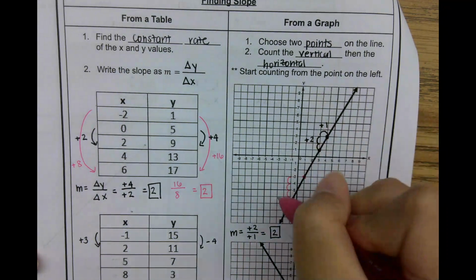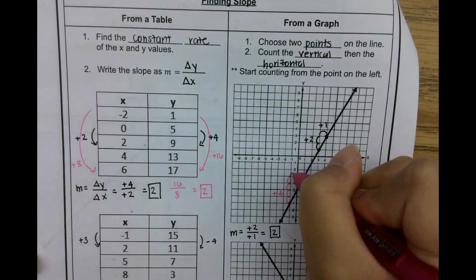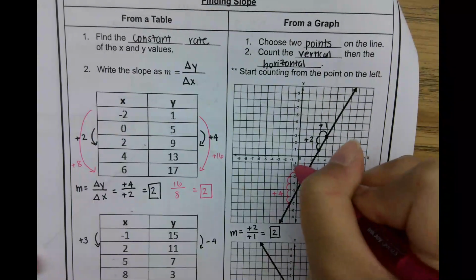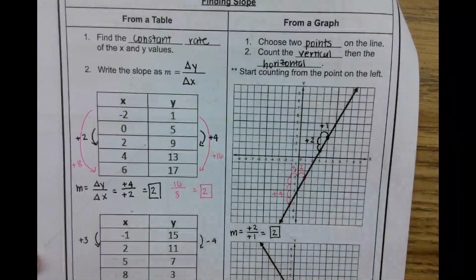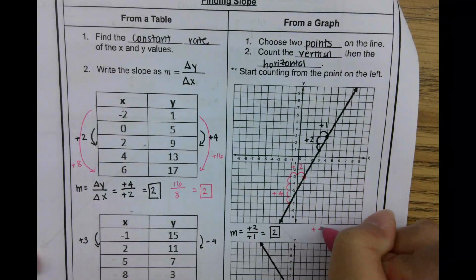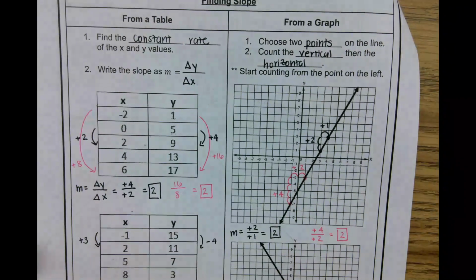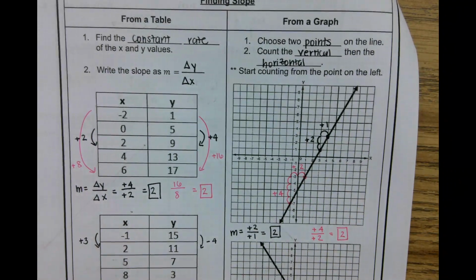Going up is positive, so positive 4 over right 1, 2. Right is positive 2. So that means up 4, right 2. 4 divided by 2 is 2. And so we can see, even if I chose different points, I still get the same thing.